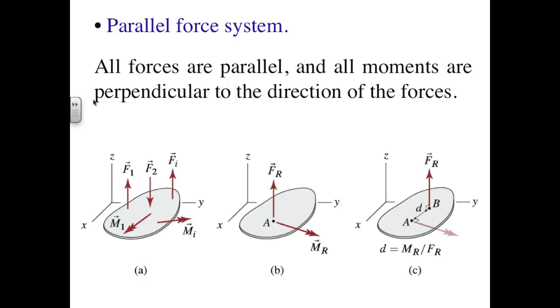Again, the lines of action of resultant force and moment are perpendicular, so it's possible to shift the line of action of the resultant force to a second location, point B in figure C. And finally, the direction of the shift is determined by the right-hand rule, and the magnitude of the shift can be calculated relatively easily using the scalar approach.